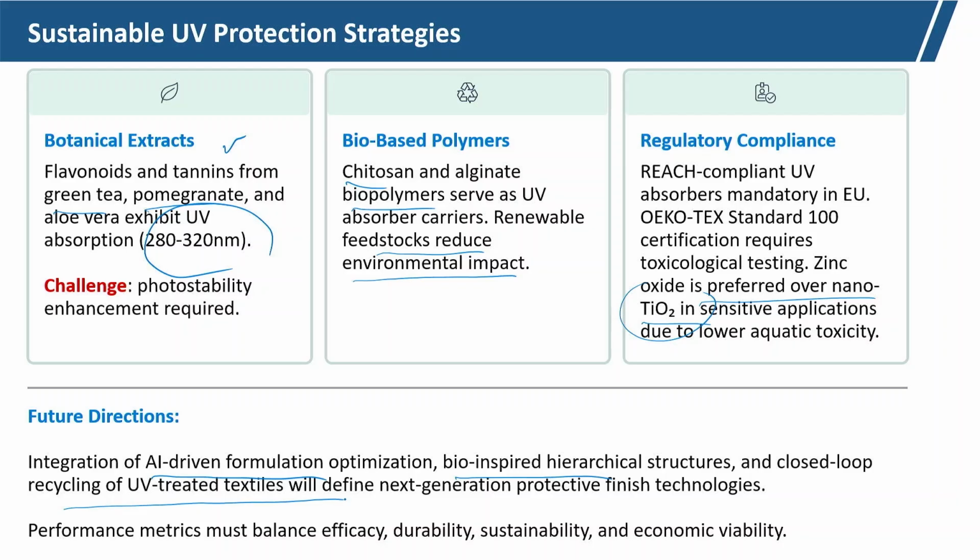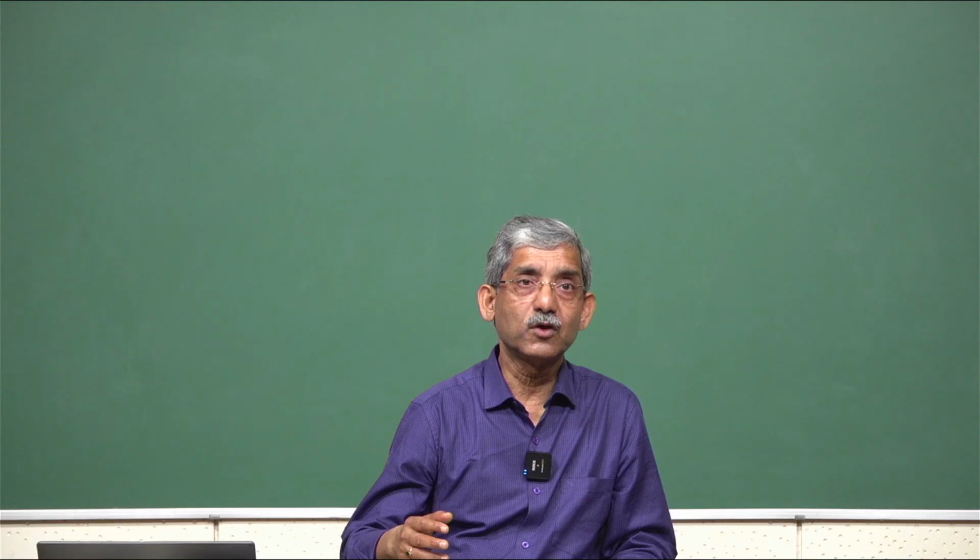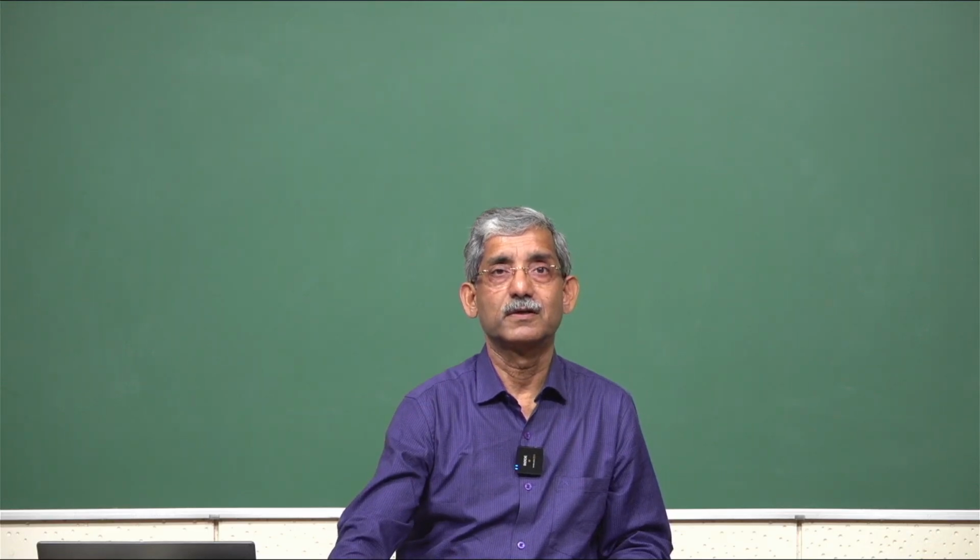So, there should be reuse and recycling, okay, and next generation protective finish technology. So, these are the future directions. Performance metrics must be balanced with durability, sustainability and also obviously economic viability. So, it should not be very expensive.